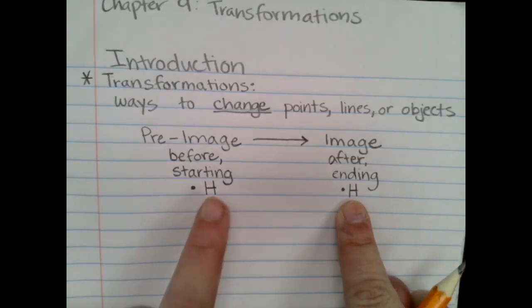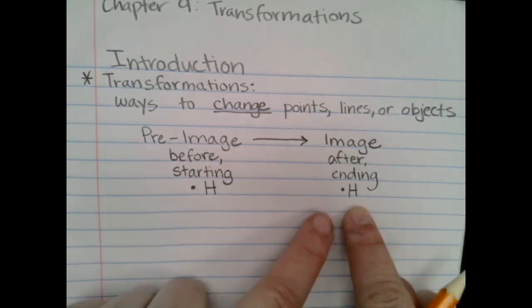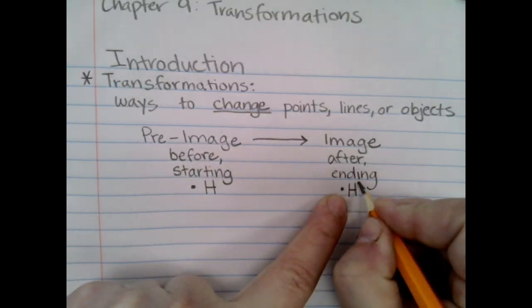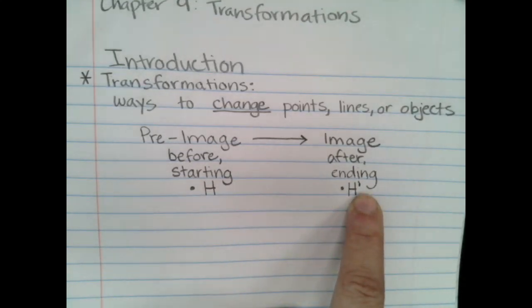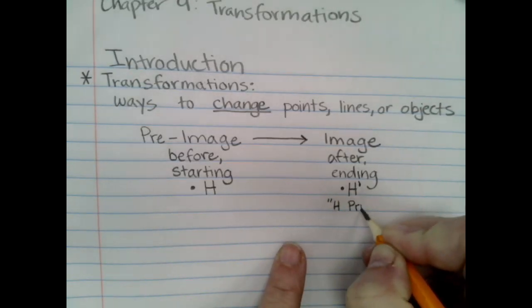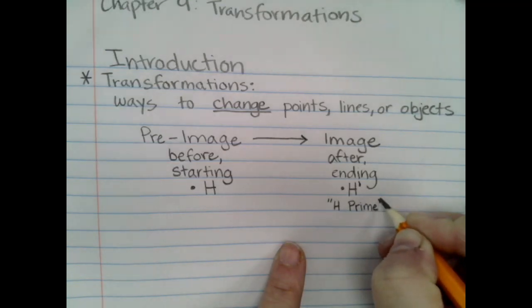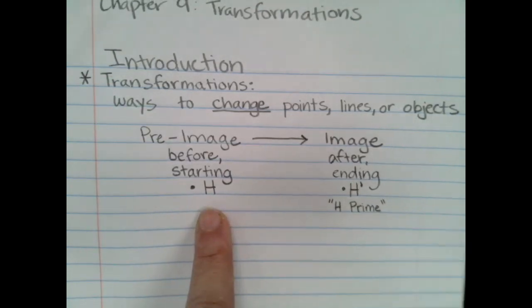This H comes from this H. But we need to let our reader know there was a change. We changed it. So in order to let our reader know there's a change, we put this little apostrophe at the top. Usually you see those apostrophes in English class when you do apostrophe S for possessive. We do that little apostrophe and we call this H prime. Those of you that like Transformers, the robots in disguise, that's easy to remember because Optimus Prime, right? Okay, but we say call this H prime. This would just be H.